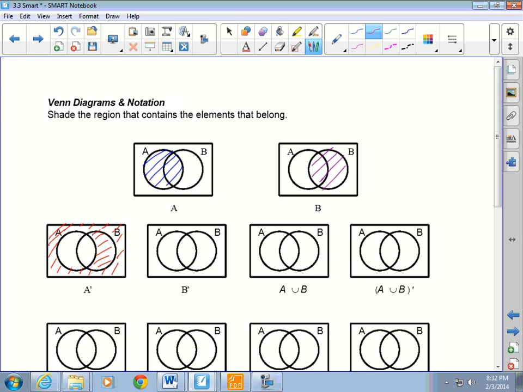Everything not in B then. So B prime, that's the way that's read. B prime is anything that is not involved with the B set. So that's going to be everything in A that doesn't overlap and everything outside.